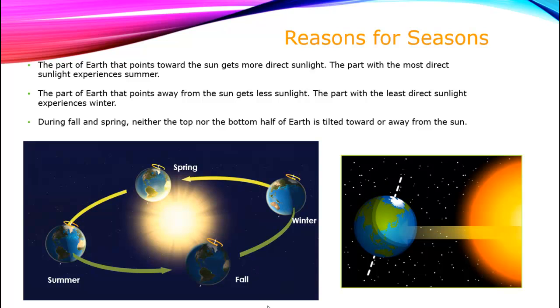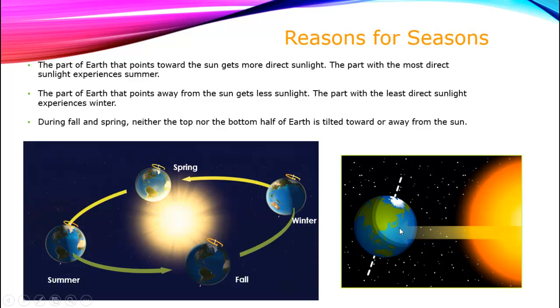Now we will explain together what happens when the Earth moves around the Sun. The movement of the Earth around the Sun causes the sequence of the 4 seasons.